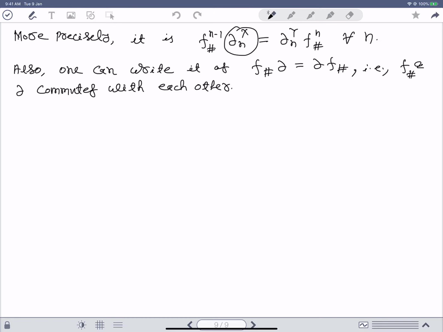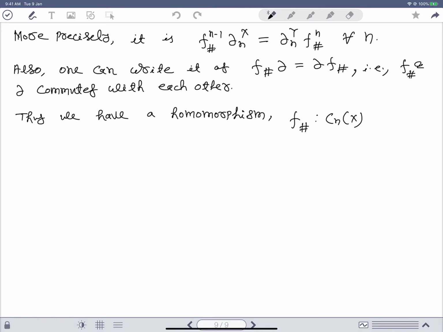So you will see this now. Why I am writing del n x instead of only del. Now first of all, we have a homomorphism f hat from Cnx to Cny, which commutes with delta.